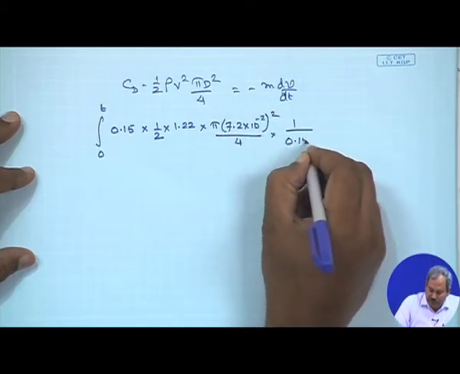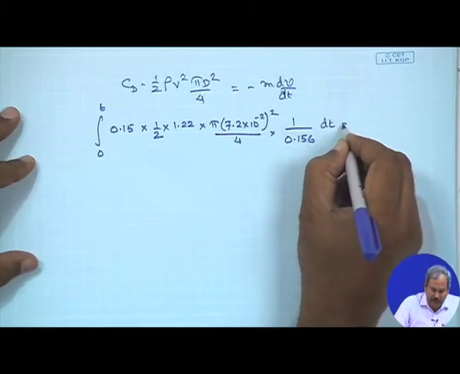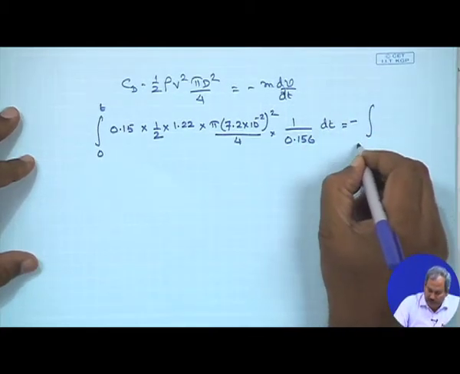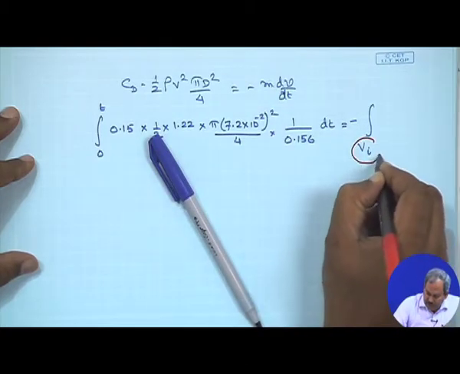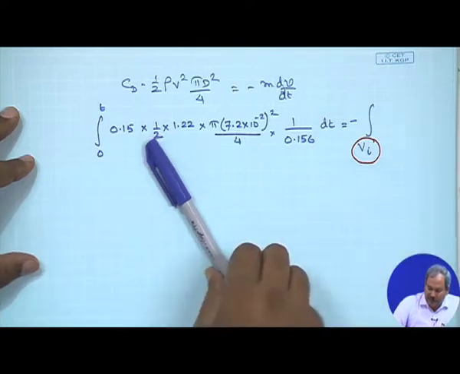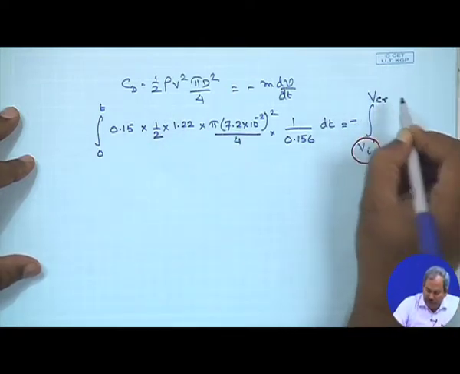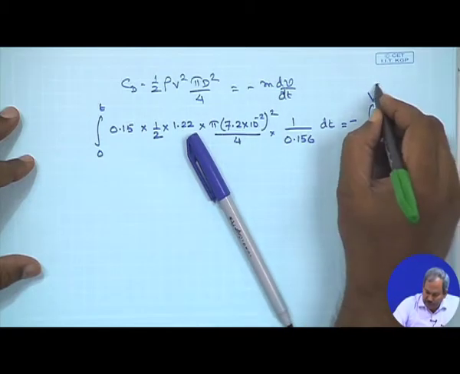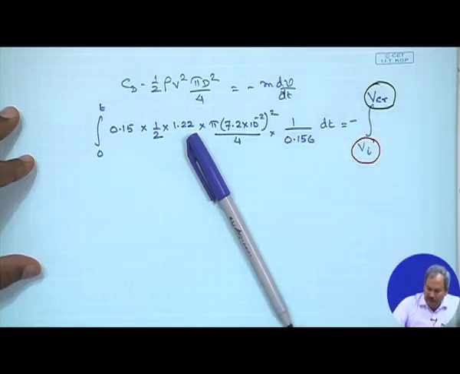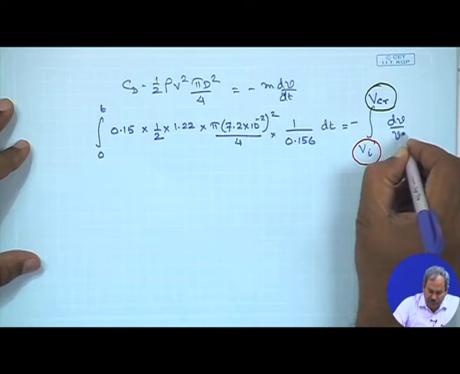So the m is 0.156 kg, dt would be equal to minus integral from v initial, the velocity at which the ball has left the hand of the bowler, to v critical, which is the upper limit of the swing ball, of dv by v square.